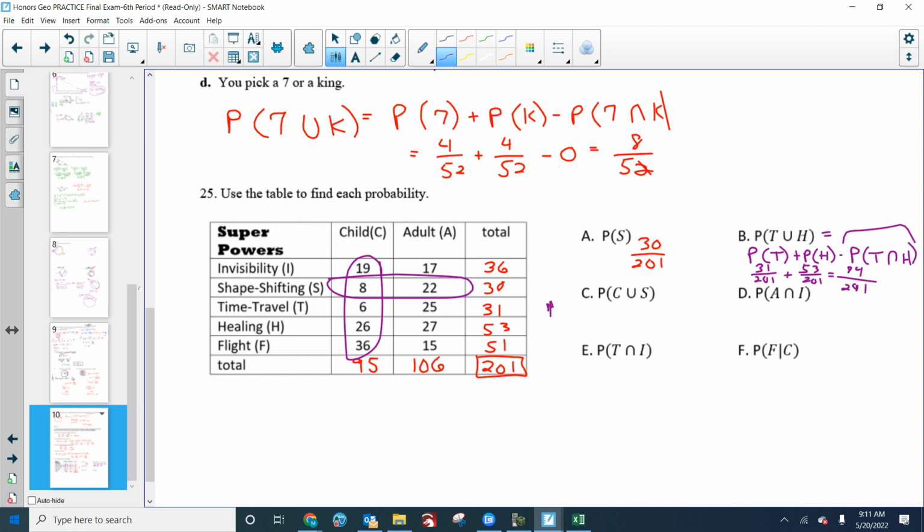What did you guys get for P of C? Yep, 95 out of 201. P of S? Minus the 8 out of the 201. 117 out of 201.